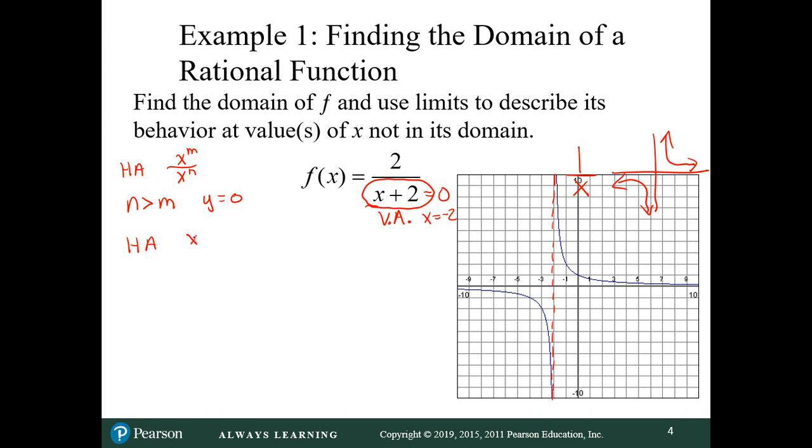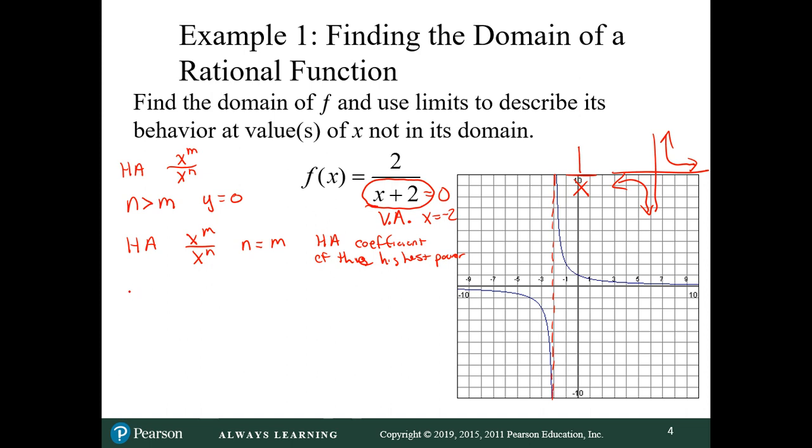If x to the m over x to the n, if n is equal to m, if they're the same size, then the horizontal asymptote is the coefficient of the highest power. We'll get to that. It'll be the coefficients of the highest power here.